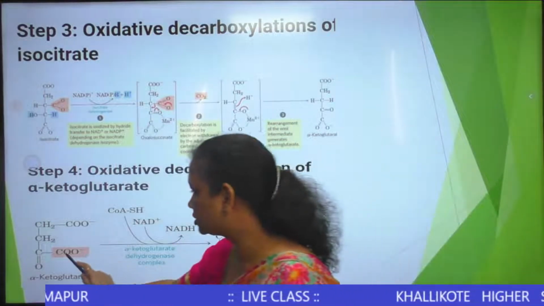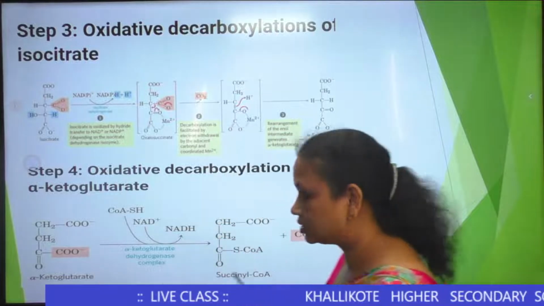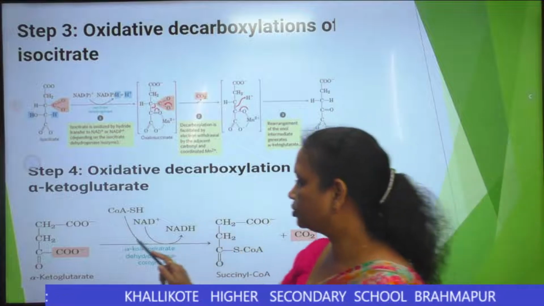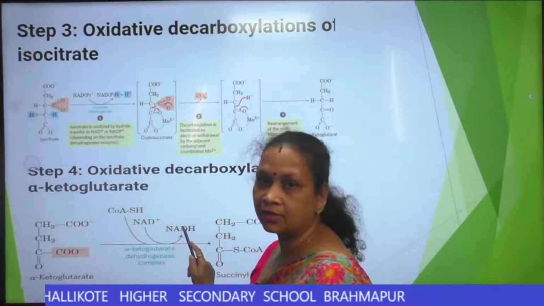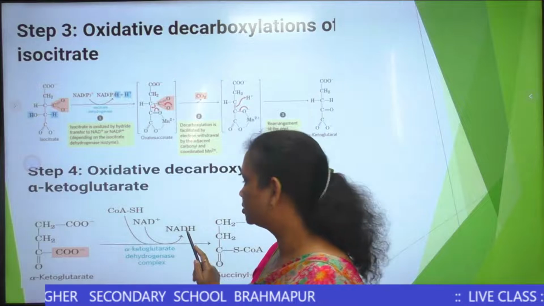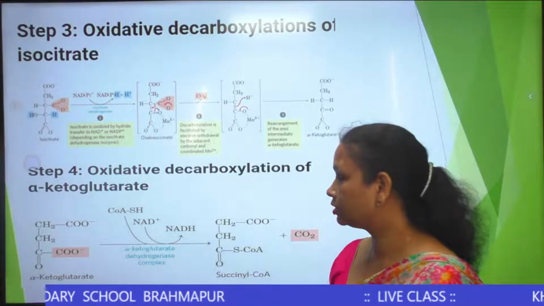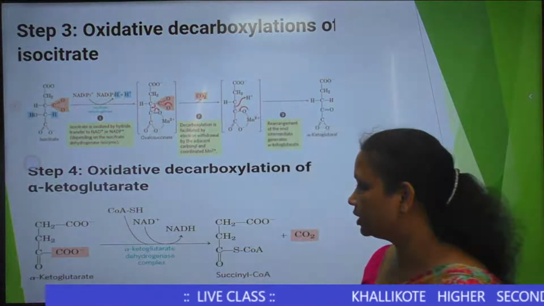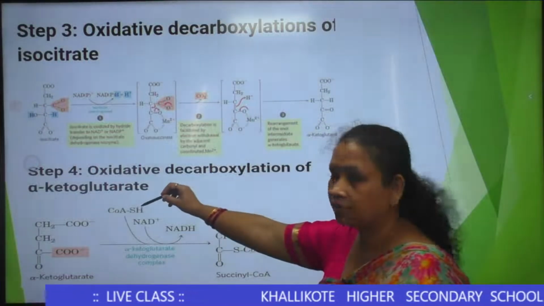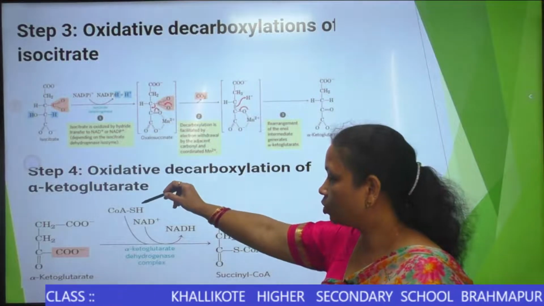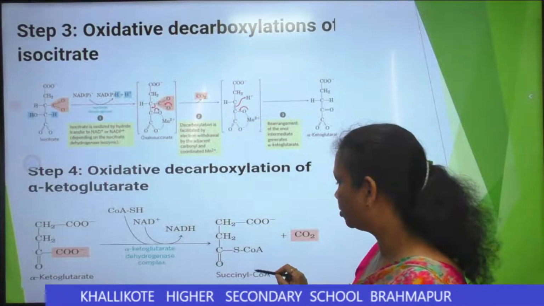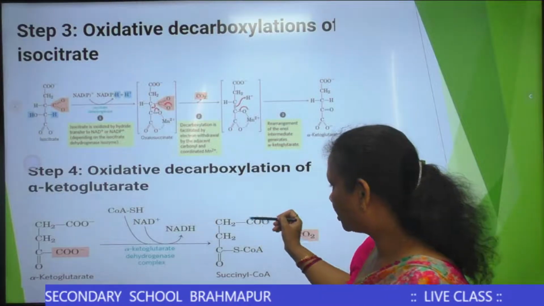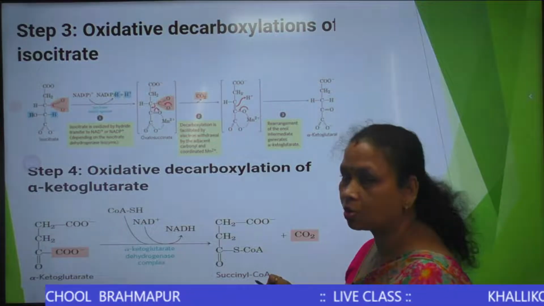You can see this COO minus part coming out as one molecule of carbon dioxide, and the hydrogen that is released is again accepted by NAD plus to become an NADH molecule. The other process that takes place here is addition of coenzyme A. Coenzyme A is added onto this molecule, forming the 4 carbon compound succinyl coenzyme A.